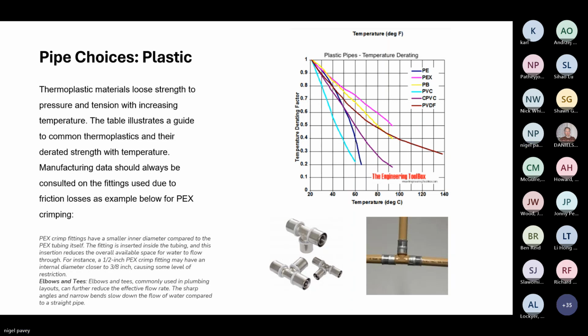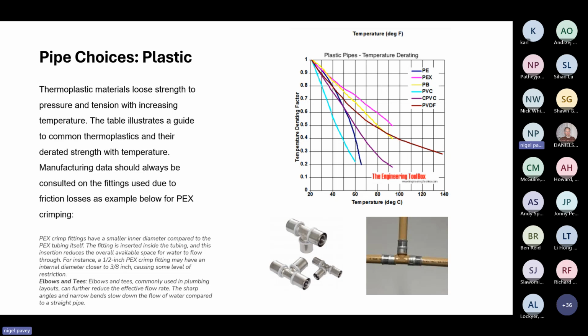Okay, so the first thing to decide, and it often has not been a decision in the past, many decades before now, is the choice of materials, because people had steel, people had copper, they had galvanized steel, and possibly some stainless steel. But nowadays the choice is enormous. I've started with plastic, and you might think all plastics might be the same, but they're not, particularly when you put heat through the material.